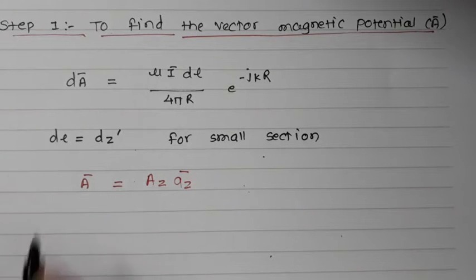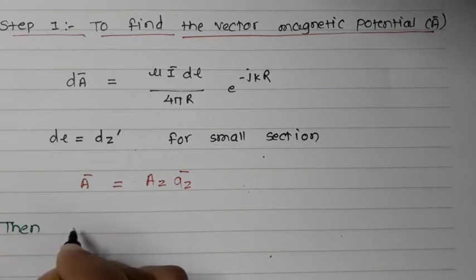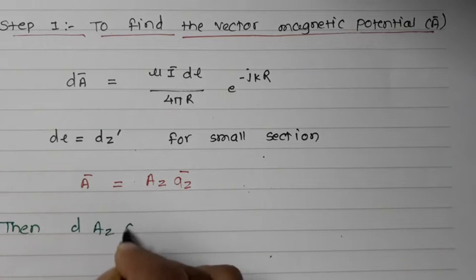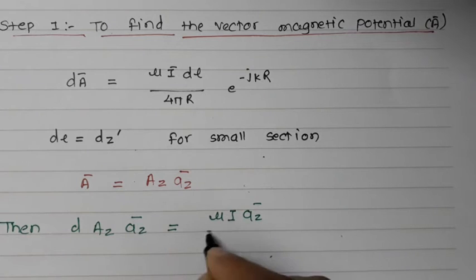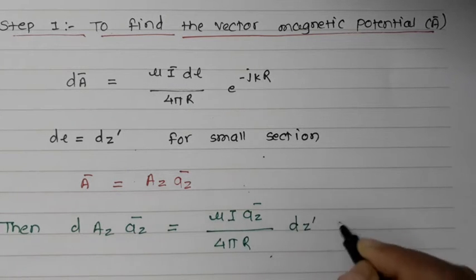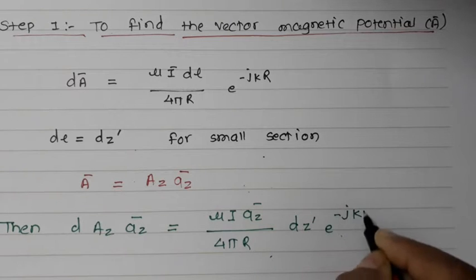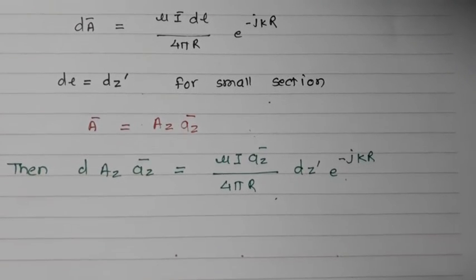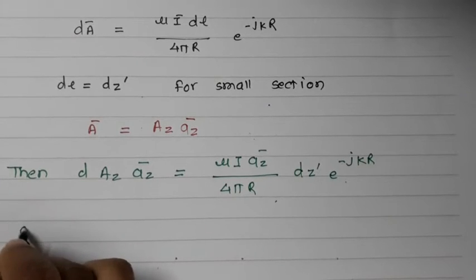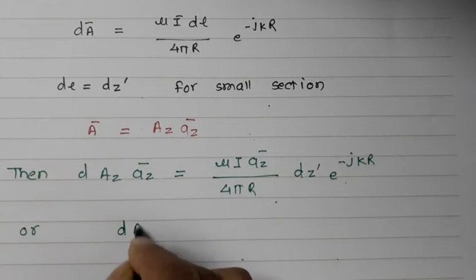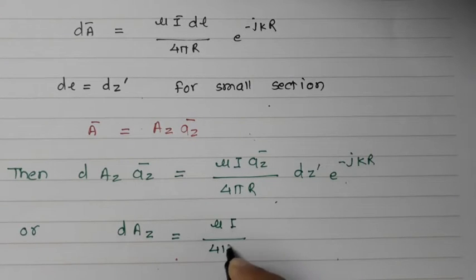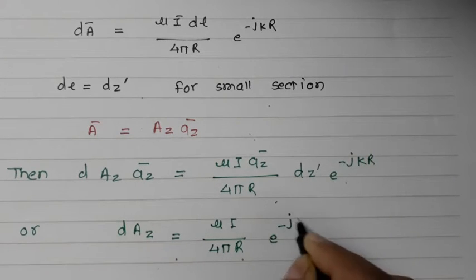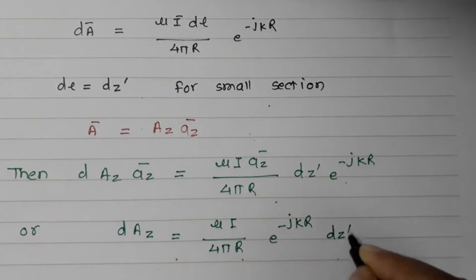Then we can write dA_z is equal to mu I a_z divided by 4 pi r, dz dash e raised to minus j k r. Let us solve this equation further: dA_z is equal to mu I over 4 pi r, e raised to minus j k r dz dash.